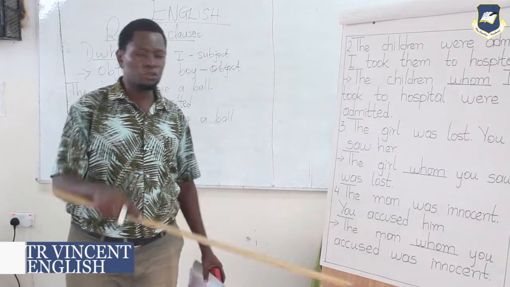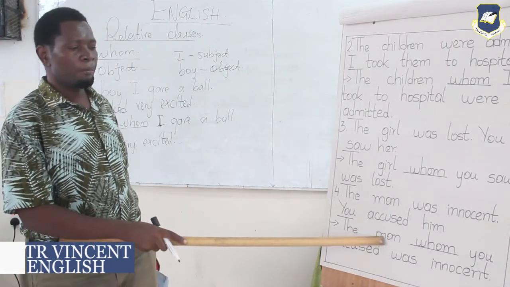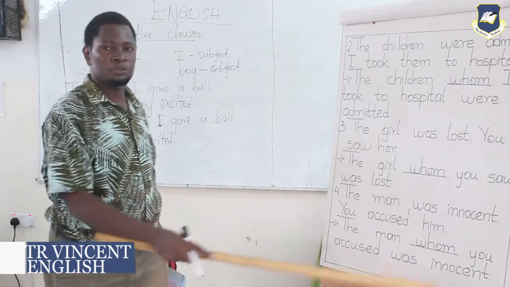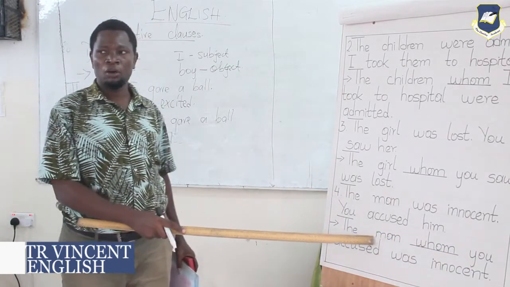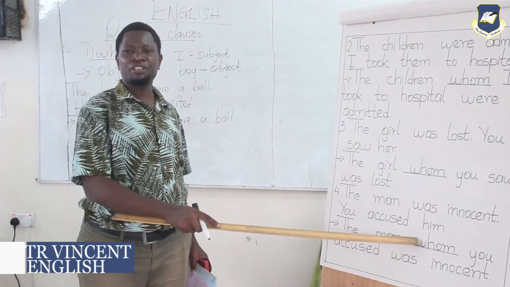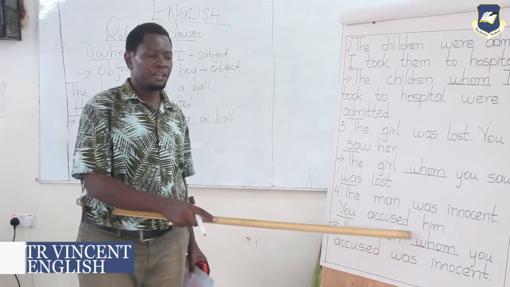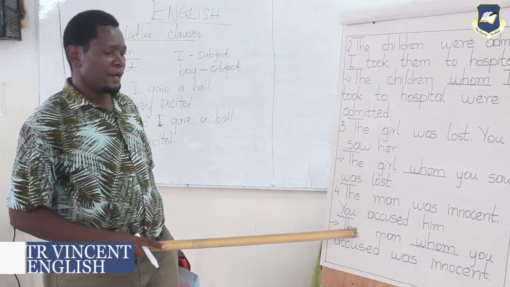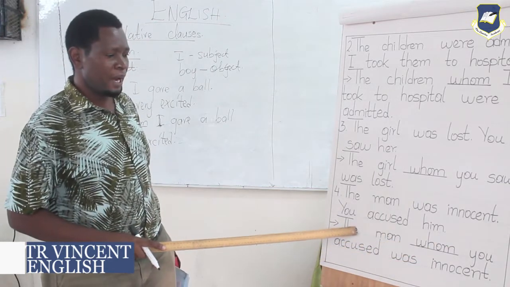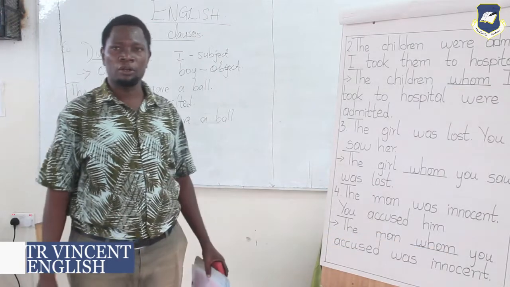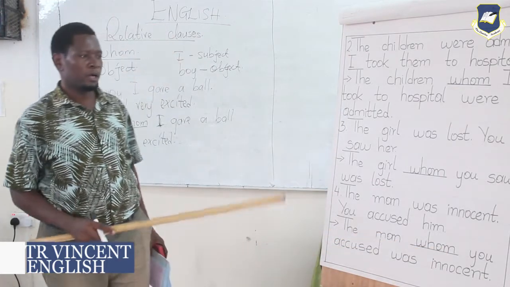The act of accusing was done to the man. You are the one who accused. So you is our subject and the man becomes the object. So in this kind of sentence, don't use who, but use whom. The man whom you accused was innocent, and not the man who you accused.